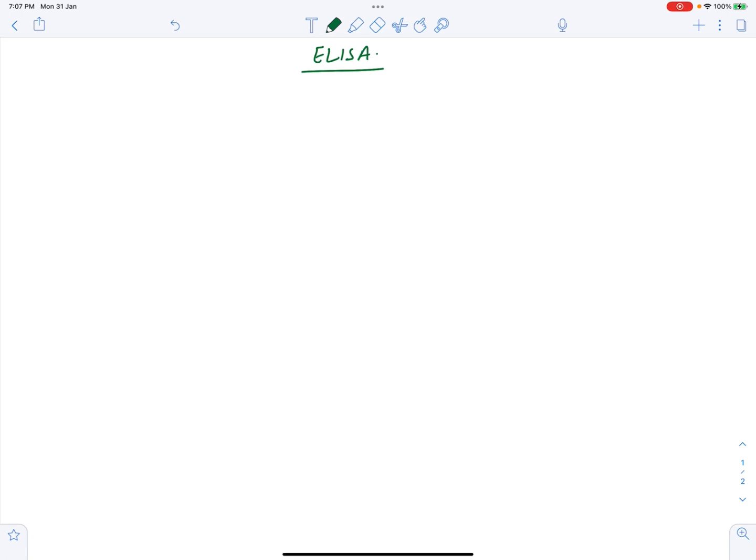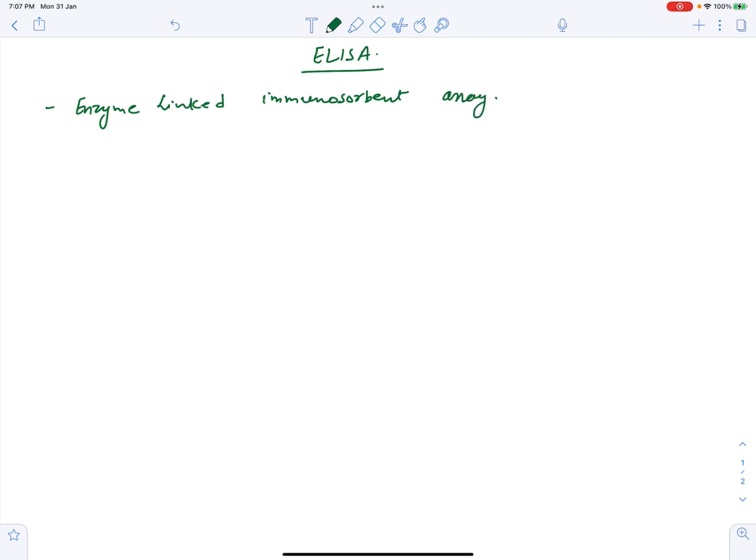If you see the full form of this ELISA, it is better known as enzyme linked immunosorbent assay.